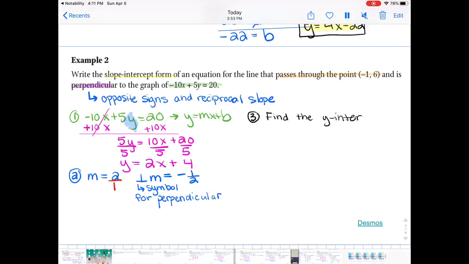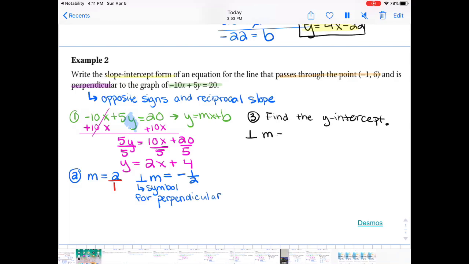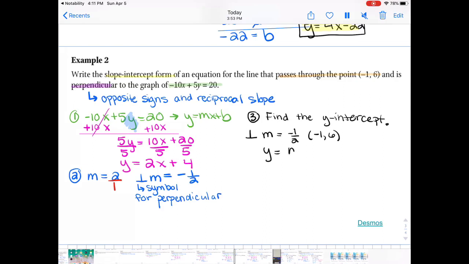So step 3, we're going to take this perpendicular slope of -1/2 and we're going to find the y-intercept. So we're going to take the slope and a point on the line and we're going to find the y-intercept. So our perpendicular slope was -1/2. A point on the line is (-1, 6). So let's take this information and plug it into y = mx + b.